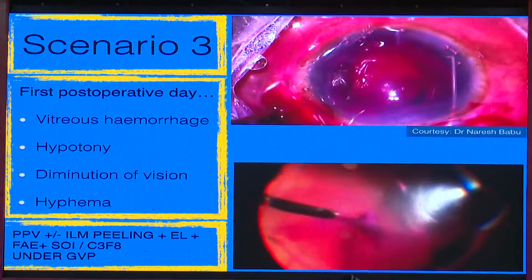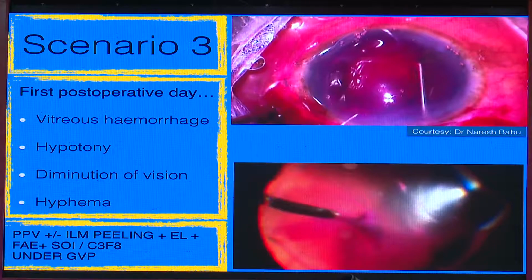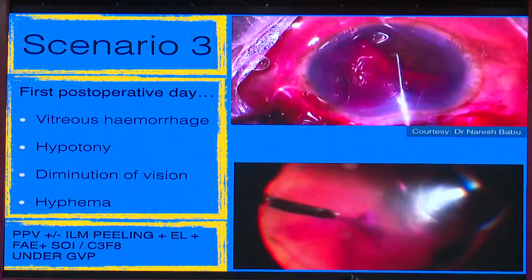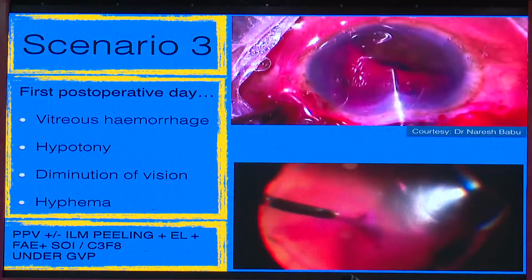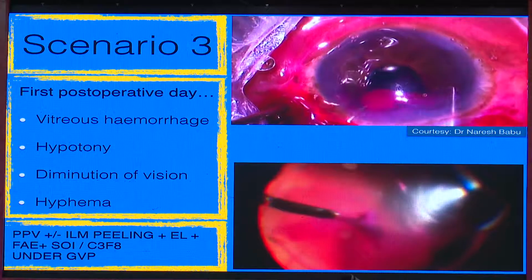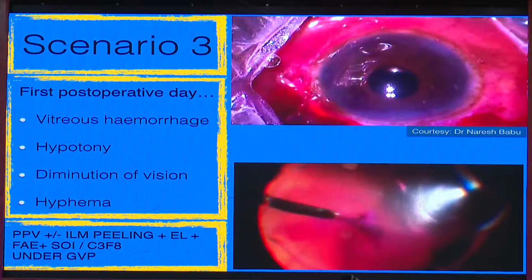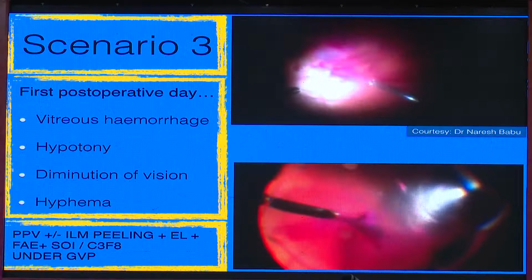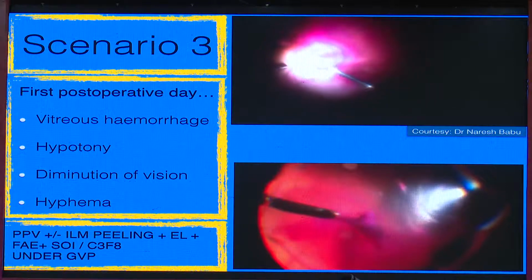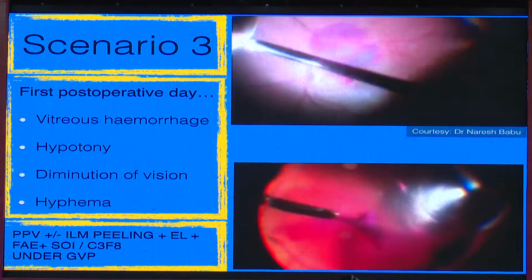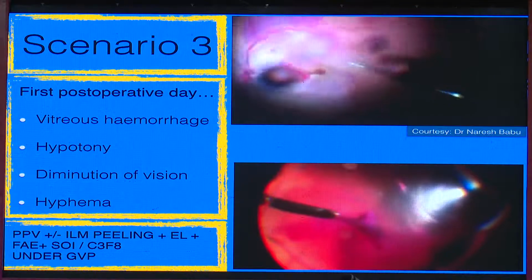So this was one of the cases, like vitreous hemorrhage, which may present with hypotony, diminution of vision or hyphema. Just clear the hyphema first, then a nice vitrectomy can be done. You can see the vitrectomy here. This was a subretinal hemorrhage, and you can notice it in this case.